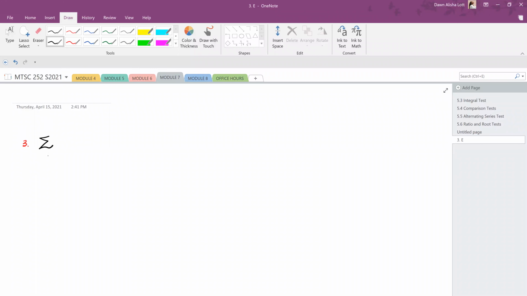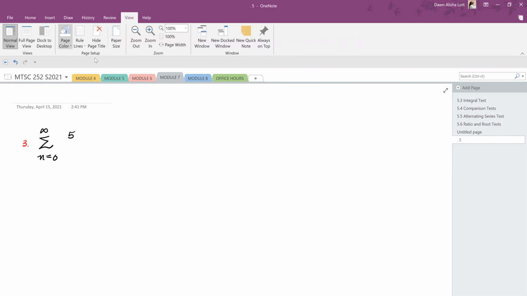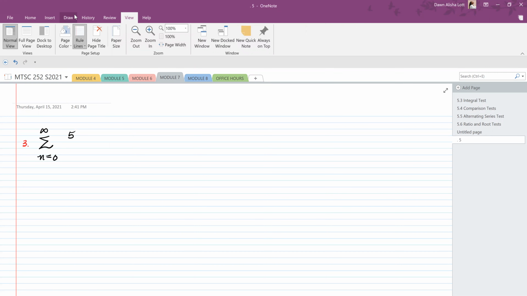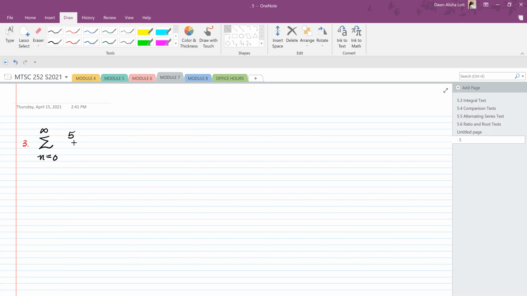So this looks like the summation, n equals 0 to infinity, of 5 over n cubed plus 15. Now, as n gets really, really big, n cubed plus 15 kind of looks like just n cubed.